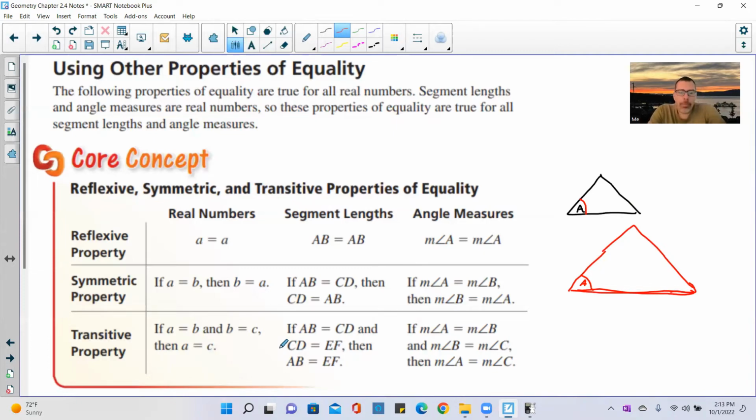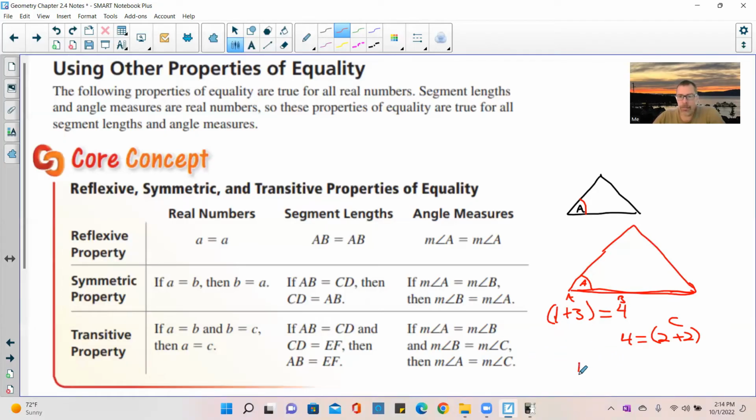And the transitive property says if A equals B and B equals C, then A equals C. So I'm going to give you an example on that. So if A is 1 plus 3, and that equals 4, that's B. So this is A, this is B, and B equals C. Okay, so if A, 1 plus 3 equals 4, that's true, A equals B. And B, which is 4, equals 2 plus 2, which is C, well, that's true.